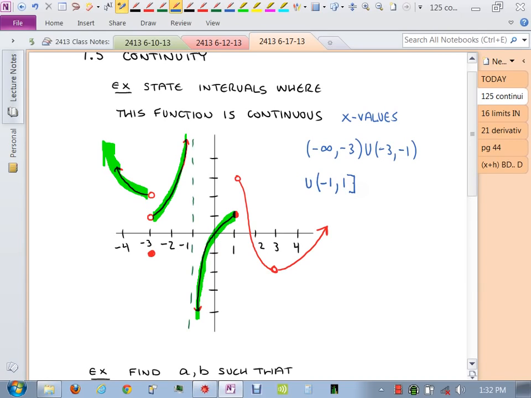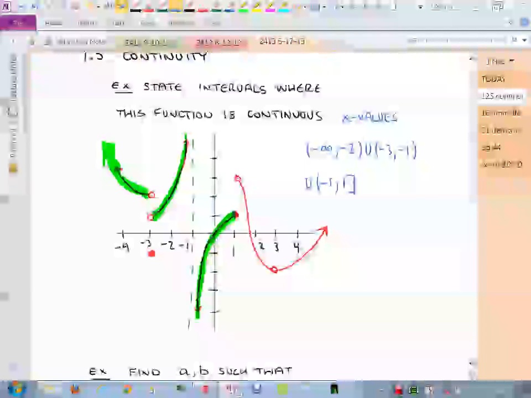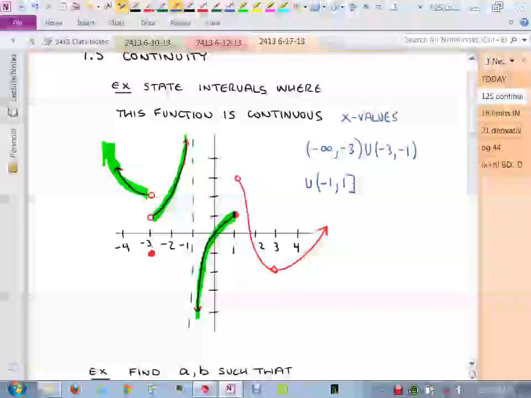Why do I put a bracket? Because it includes that point. And let's see who really took good notes and understands this. At -1, we would say this function is what? Y'all remember me talking about left continuous and right continuous? As you come into -1, right?